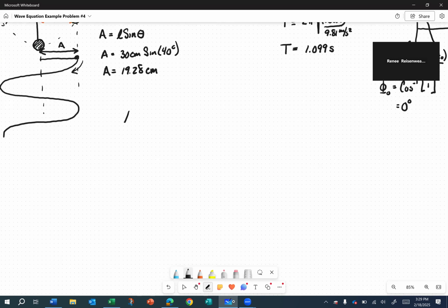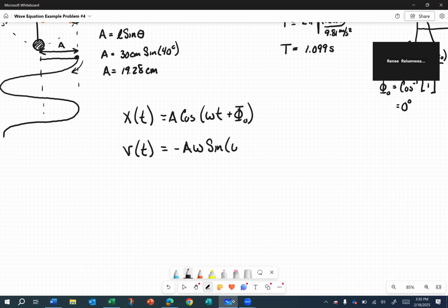So the equation for position is equal to A cosine omega t plus your phase constant. The equation for velocity is equal to negative A omega sine omega t plus phase constant.